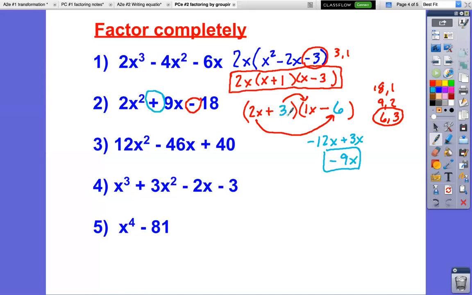You just switch your signs. So remember, they have to be opposites. So this one really should be negative, and this one really should be positive. Now it works. Now I've got +12x minus 3x. Now it works. Okay, so your entire answer is 2x minus 3. There you go.